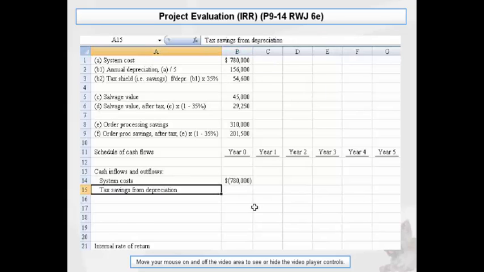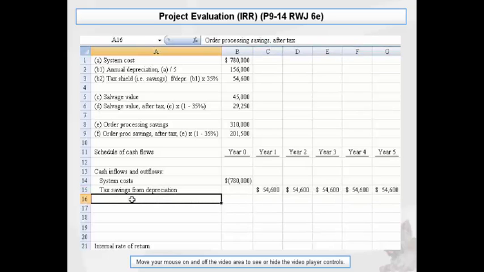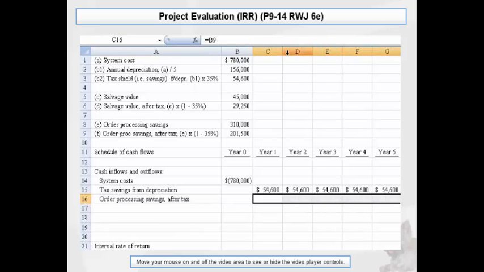Then we have to compute the tax savings from depreciation, which was given above as $54,600, and that occurs in every year 1 through 5. Then there's the order processing savings after tax, which occurs every year 1 through 5, and that was given as $201,500.